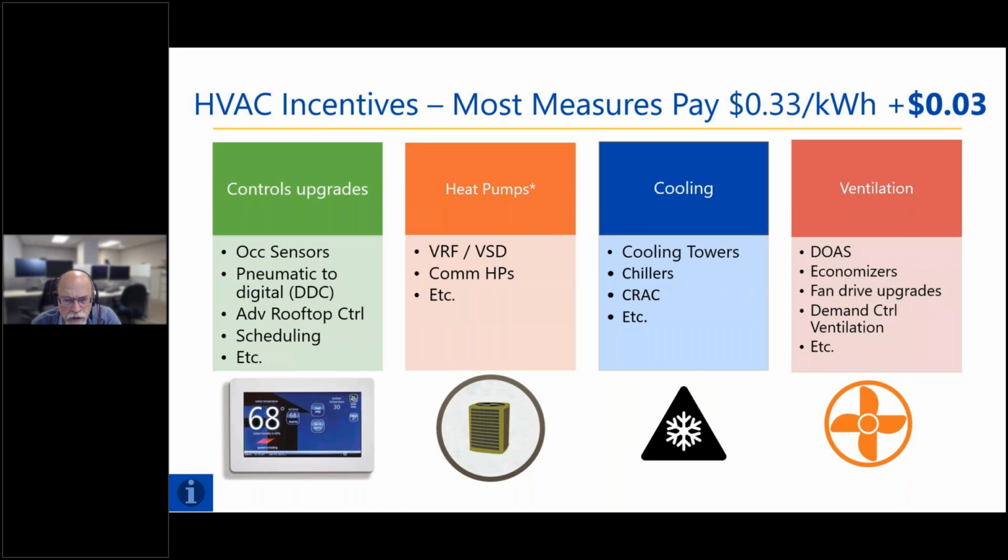Cooling, we've got different kinds of projects for data centers and large commercial buildings with cooling towers and chillers. And then ventilation, we see projects with DOAS and economizers, and certainly a lot of variable speed drives being added on. And in some cases, demand control ventilation, where customers are adding the CO2 monitors. Go ahead and go to the next slide.